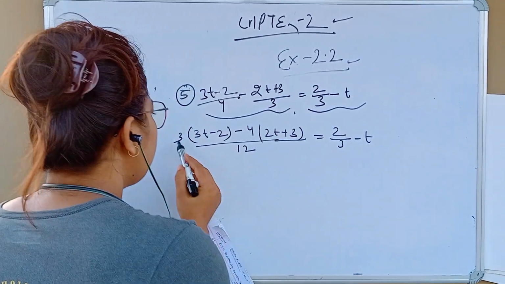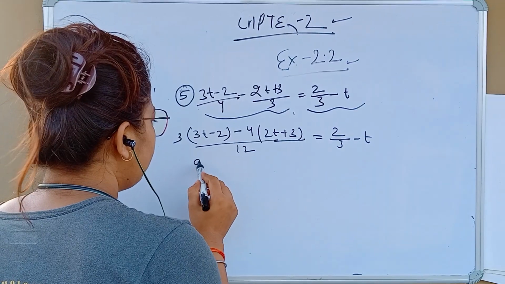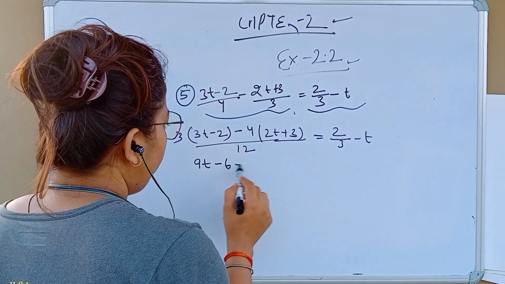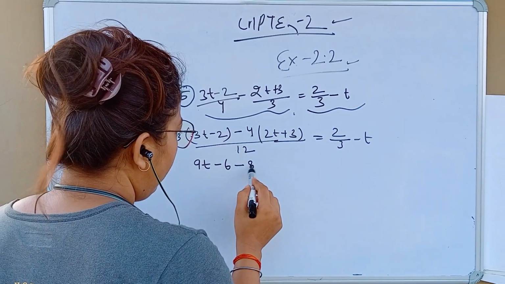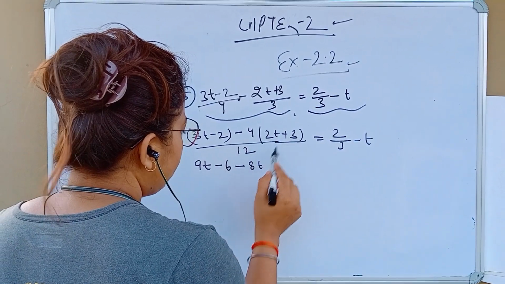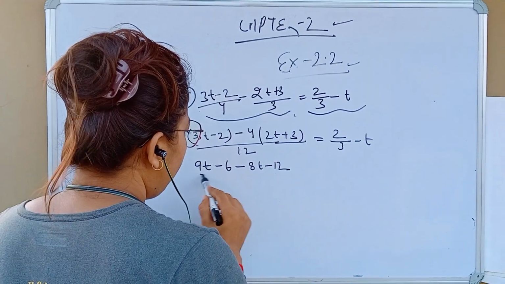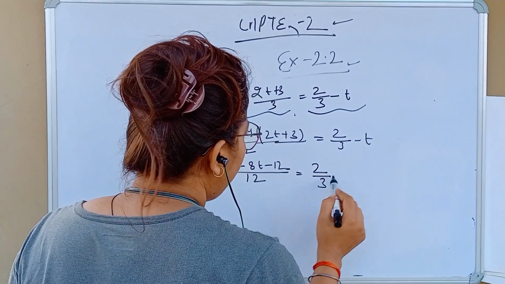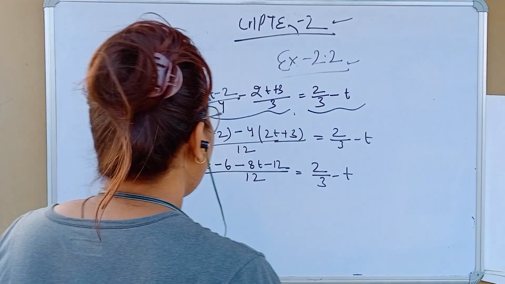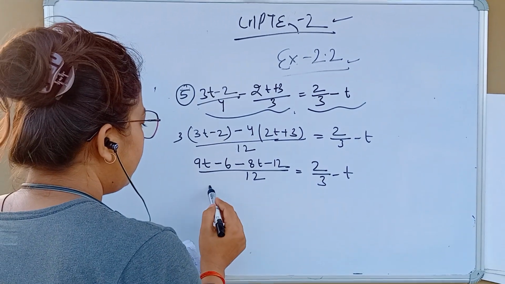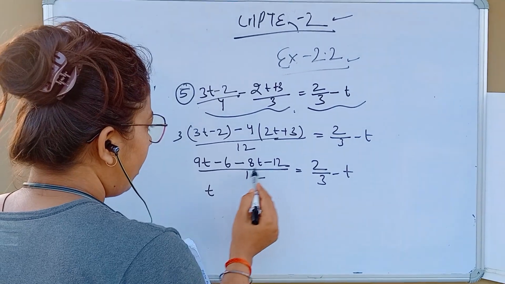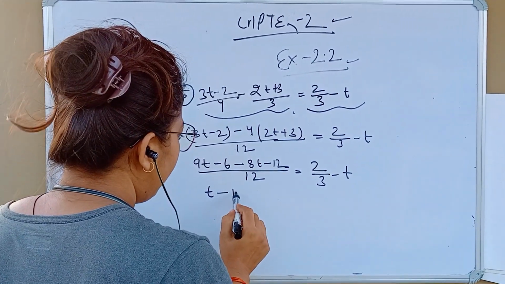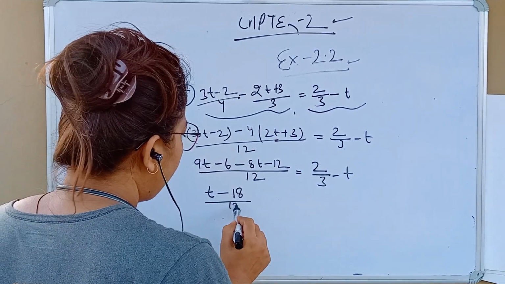So what we do: 3 multiplying (3t minus 2) gives 9t minus 6, and 4 multiplying (2t plus 3) gives 8t plus 12, so 9t minus 6 minus 8t minus 12, all divided by 12, is equal to 2 by 3 minus t. Then 9t minus 8t is t, minus 6 minus 12 is minus 18, so t minus 18 divided by 12.